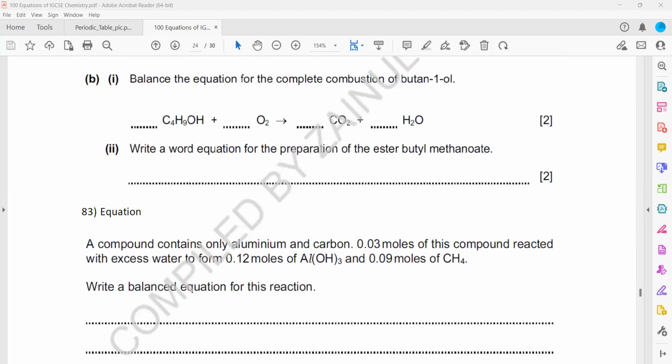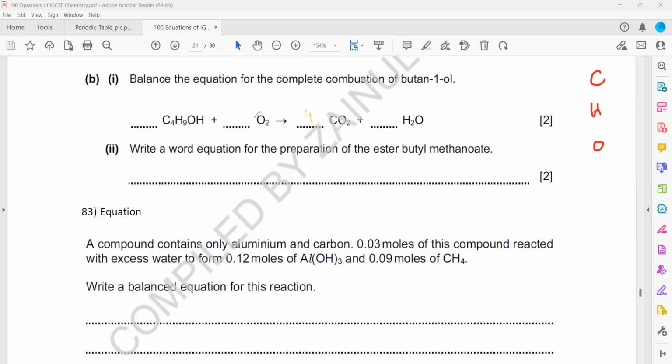First, for a combustion equation, start balancing with carbon, followed by hydrogen and then oxygen.